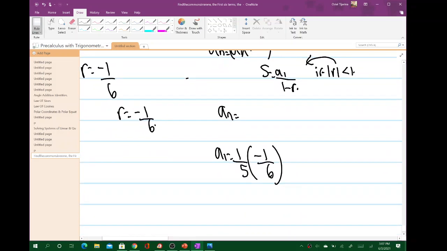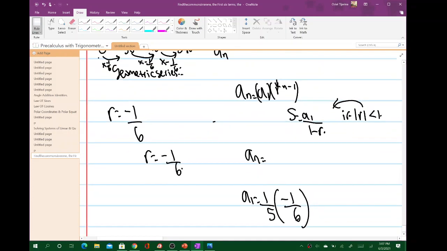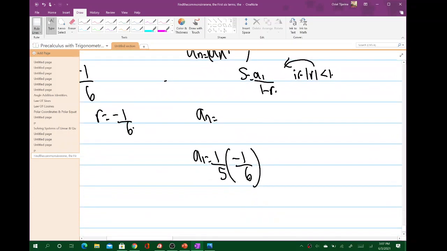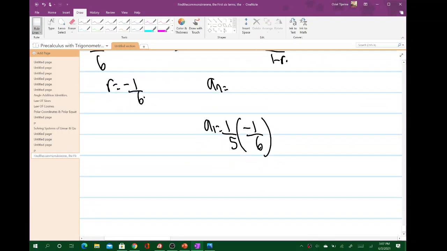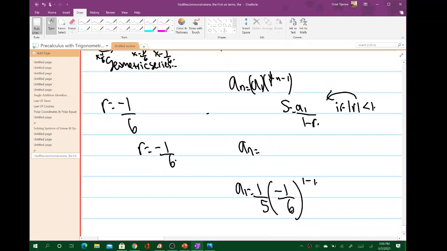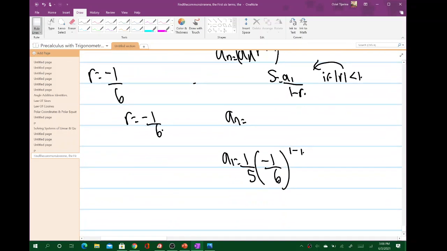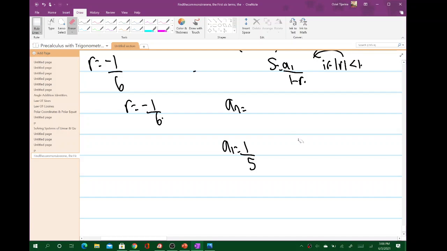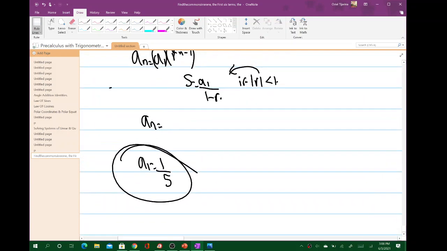So we know this is just to the 1 minus 1, right? And actually, my bad, I had said a sub 1 is -1/5. I meant a sub n is going to be a sub 1, which is 1/5, not -1/5.